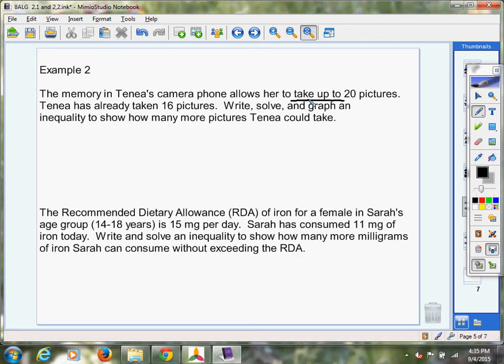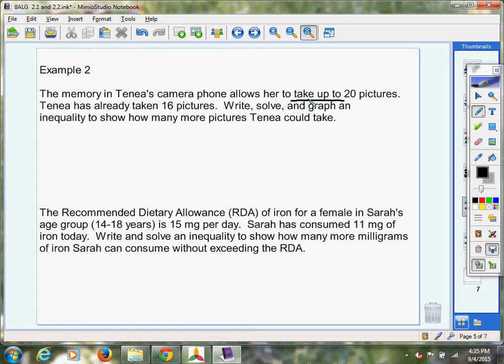Those are good words for equations. But for inequalities, we're looking for things like no more than, no less than, at least, at most, up to. Things like that are really indicative of an inequality.